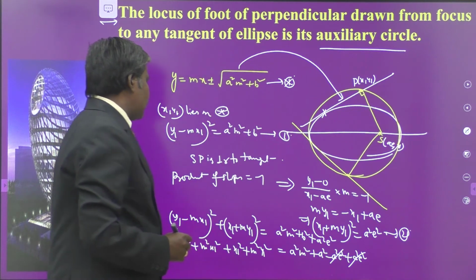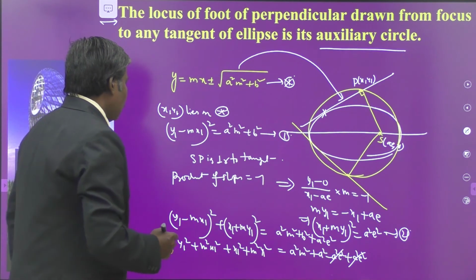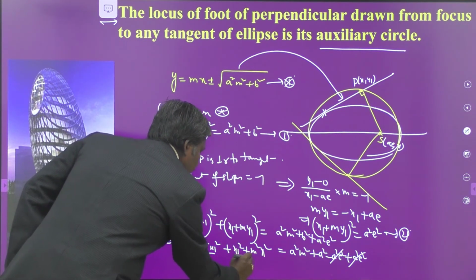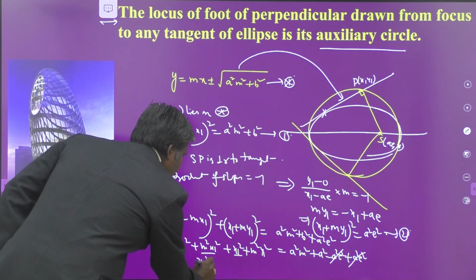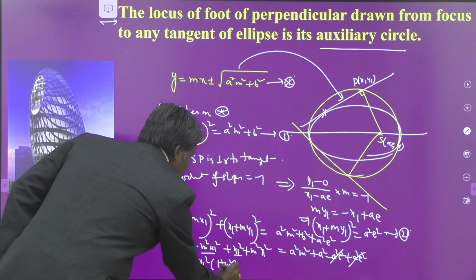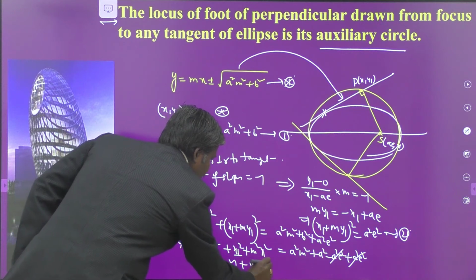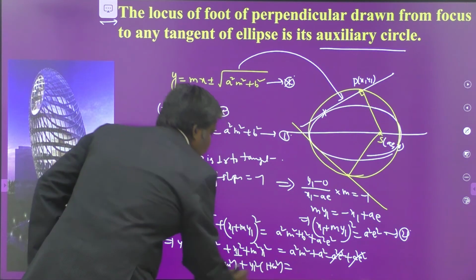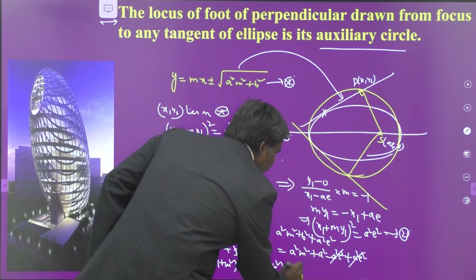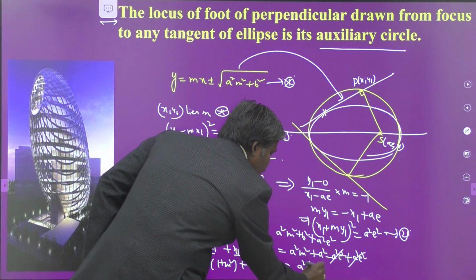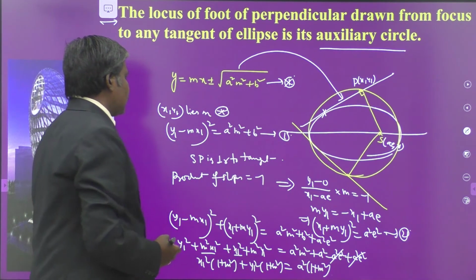A square e square gets cancelled. Now x1 square into (1 plus m square) plus y1 square into (1 plus m square) is equal to a square into (1 plus m square).